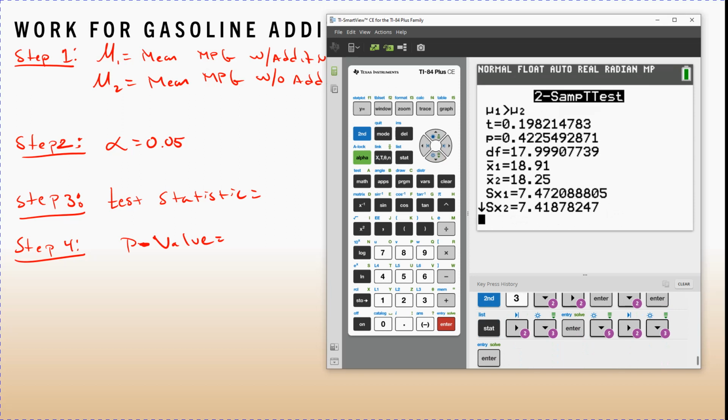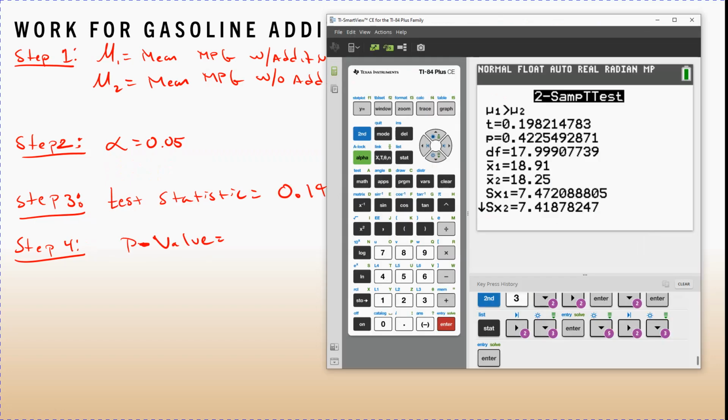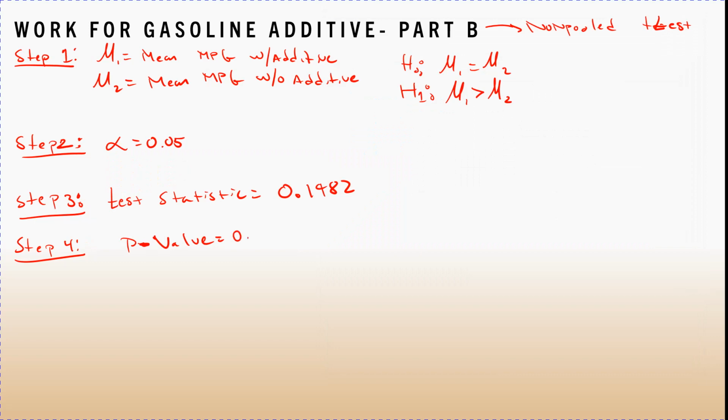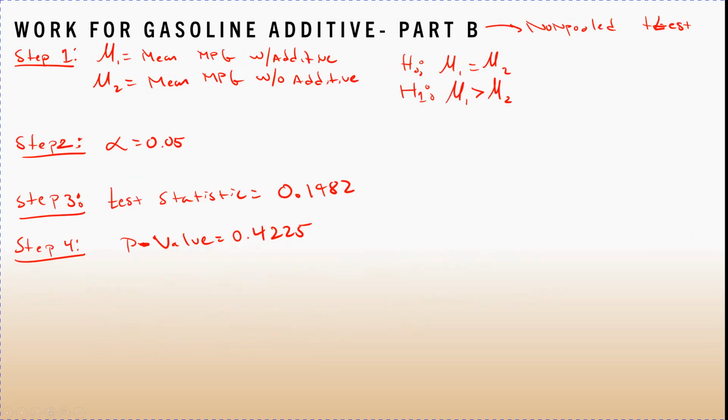You get wildly different results here. Our test statistic is 0.1982, and our p-value is 0.4225. Look at the crazy difference in p-values.